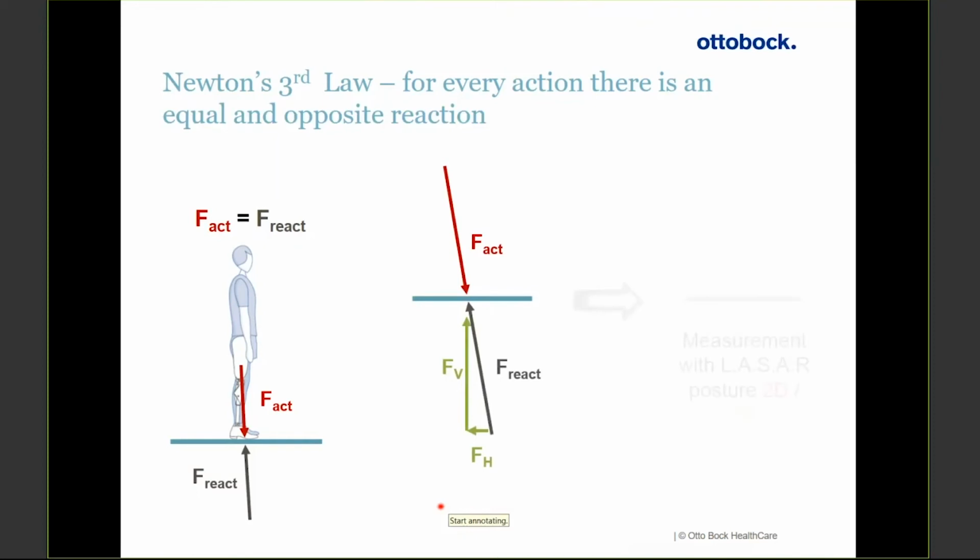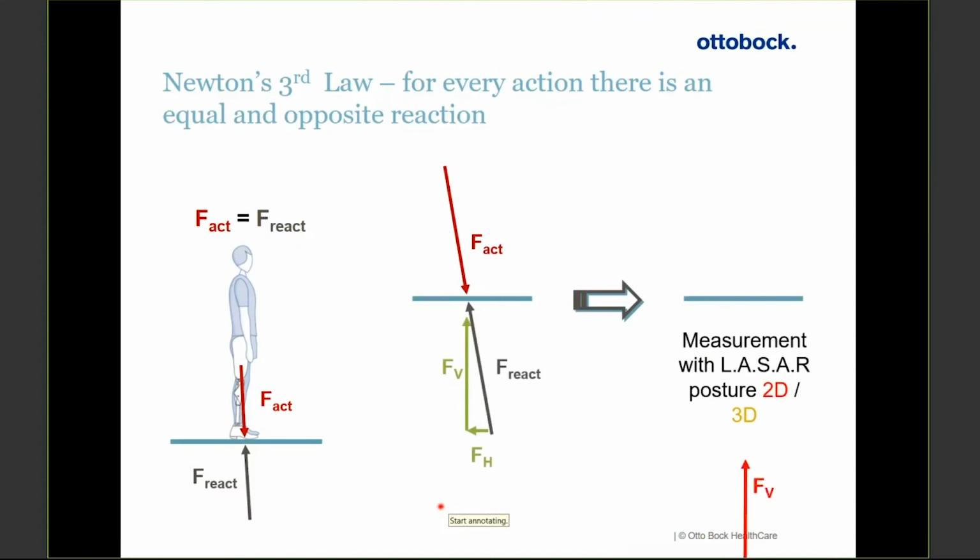So if I take you back to L.A.S.A.R Posture and how we're measuring with the 2D version, the older version, it was measuring the center of pressure at the foot and projected the vertical component of the ground reaction force. But what's really neat about the 3D version is it actually shows you that resultant force.